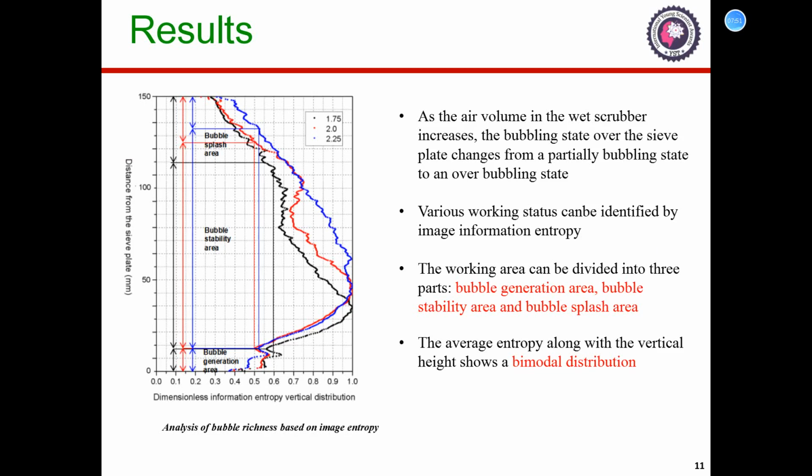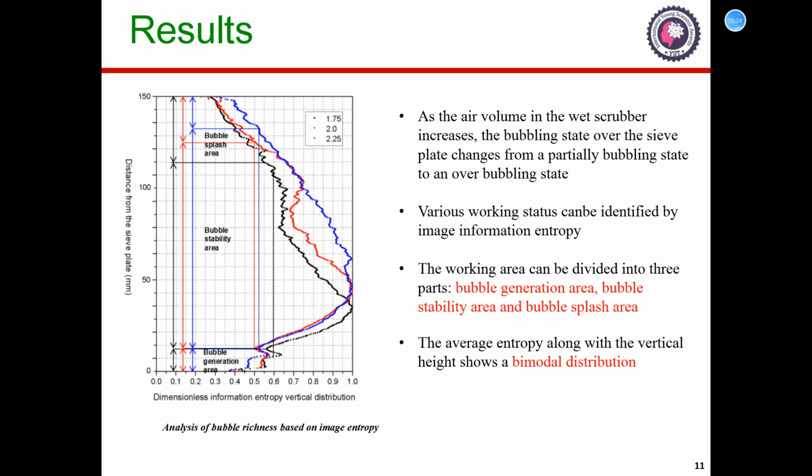And this picture shows the analysis of the bubble richness besides the picture entropy. From this figure, we can see that as the air volume in the wet scrubber increases, the bubbling state over the sieve plate changes from the partially bubbling into the over bubbling state. We can use this state to identify the different working states of the wet scrubber.